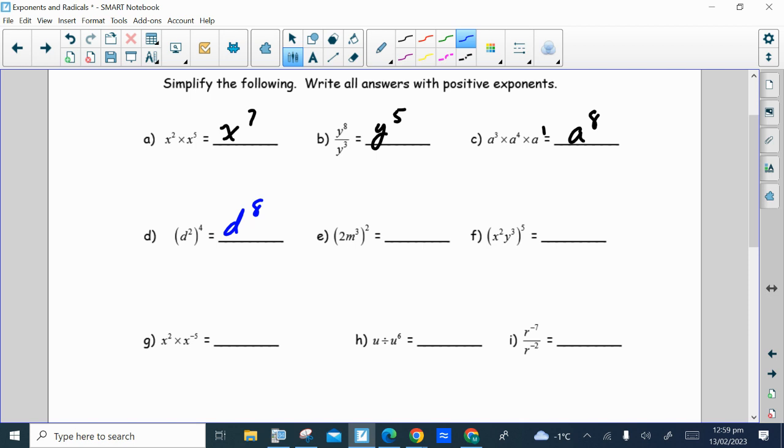Question E, Sophia. What do you think we do there? So what would you write as your answer as far as your first step here? So what do you do to that coefficient of 2? Well, you do, but let's write it like this. We'll do another step. You have to distribute the power to every part of the inside. That includes the coefficient of 2 as well as the m cubed.